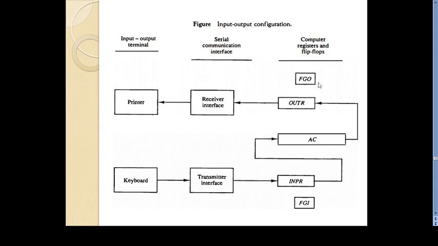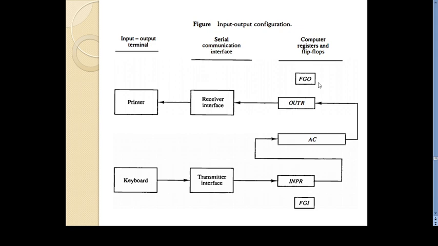When that data is given to the output device or the printer, then again it will be set to 1. So FGO works opposite to FGI. So this is how this input-output configuration works. The output device accepts the coded information and prints the corresponding character, and when the operation is completed, FGO is set again to 1.